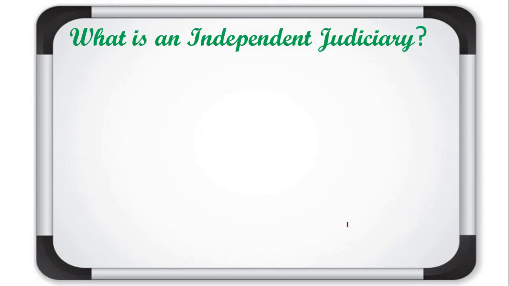Now our next topic: what is an independent judiciary? Students, we always say that the Indian judiciary is independent. So what do we mean by this? It means that, suppose a powerful politician has illegally occupied land that belongs to your family. First I will give an example, after that I will explain it.